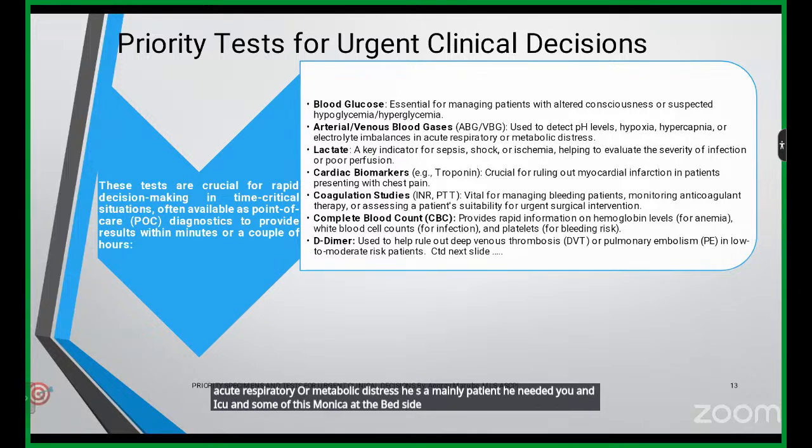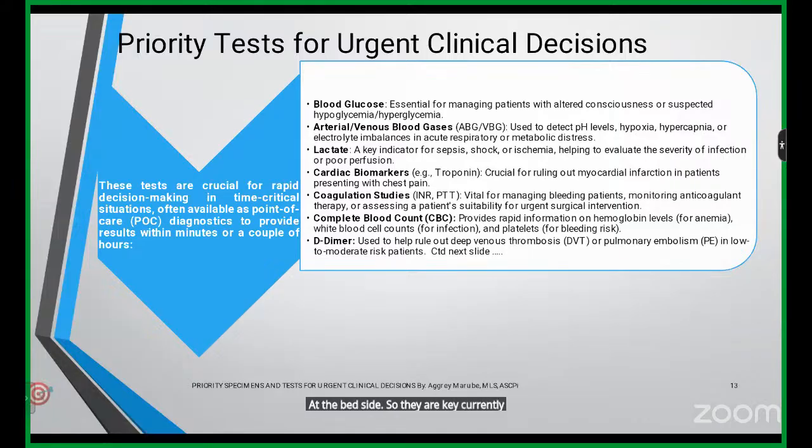So they are key priority specimens for handling with urgency, so that if there are any critical issues that need to be handled, they can be noted urgently.